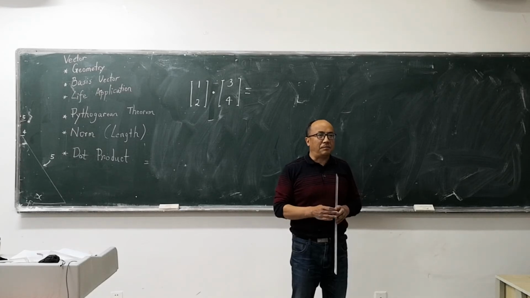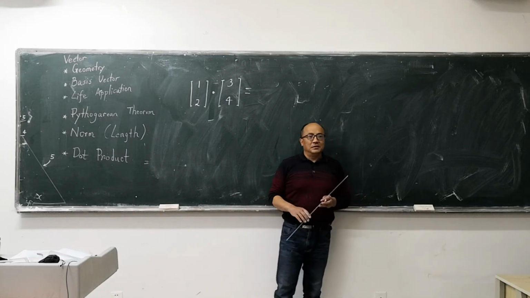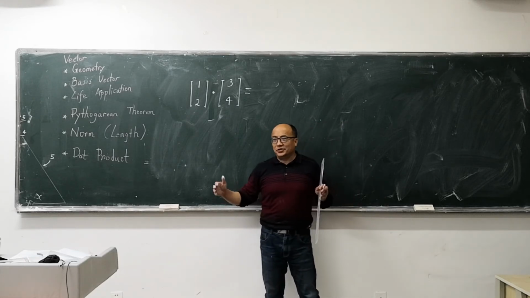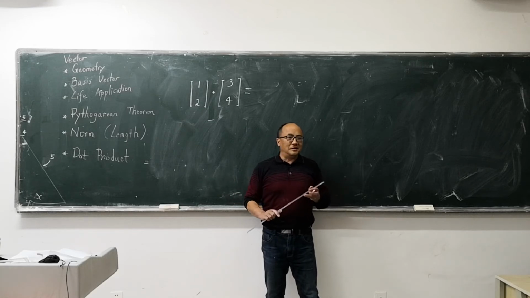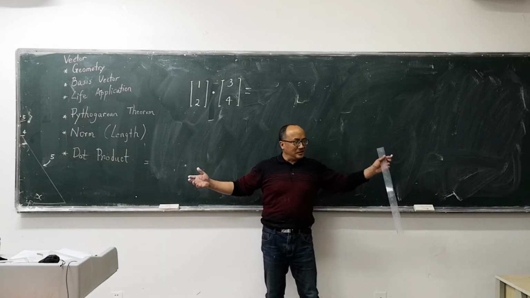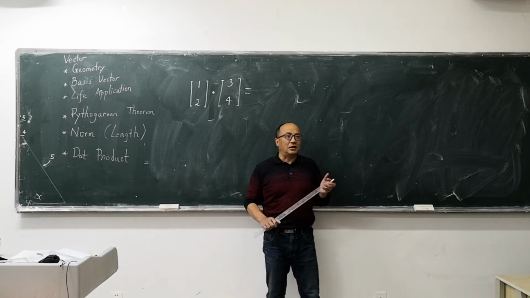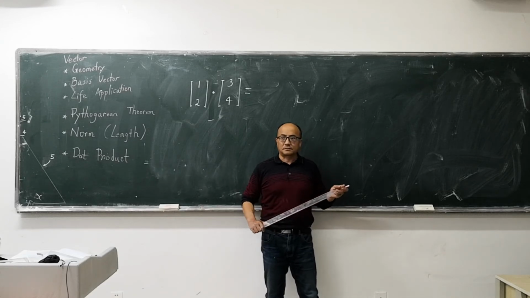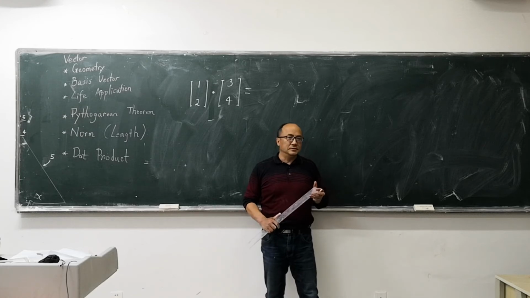These days it's popular. People write platforms to match the boys and the girls. And how do they find this boy and this girl match each other? It is by using the dot product. You will see today.